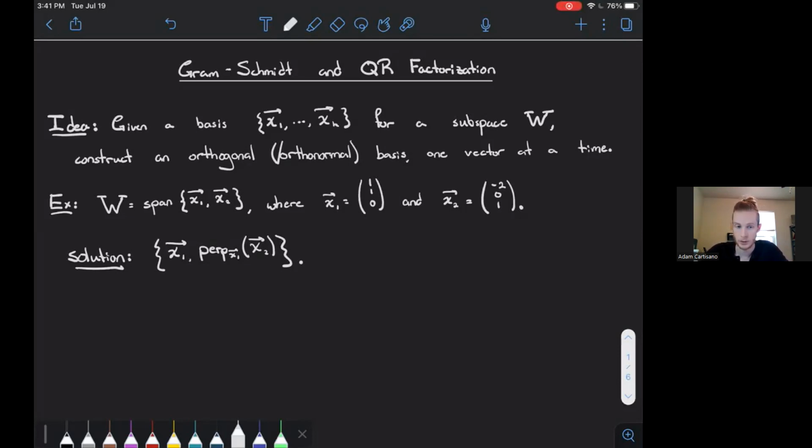The solution that we're going to use is to take x1 and the component of x2 which is perpendicular to x1. So x1, done. That's just (1, 1, 0). That was easy.